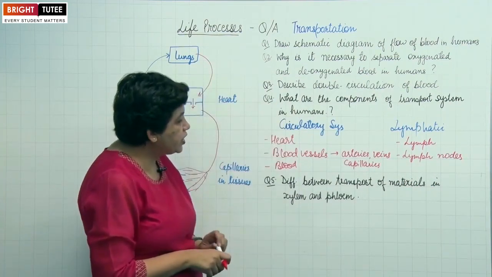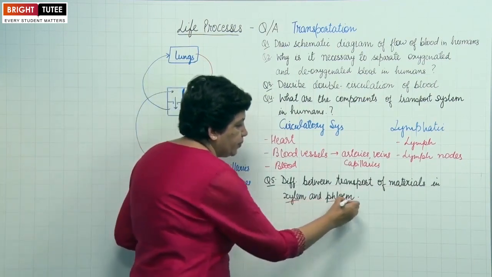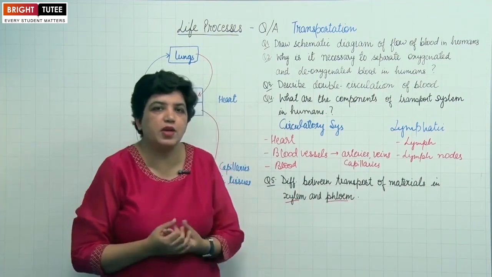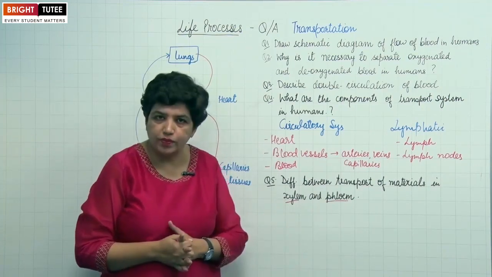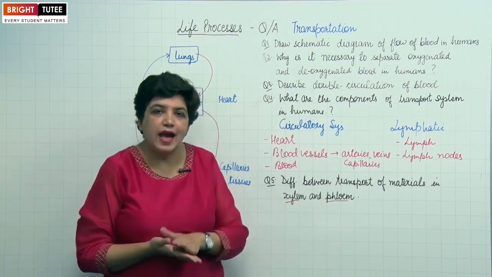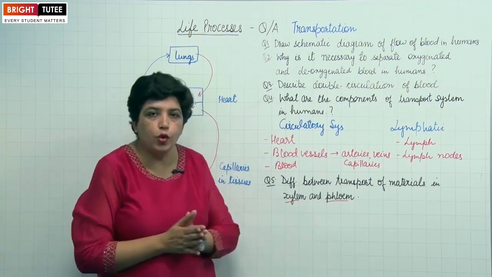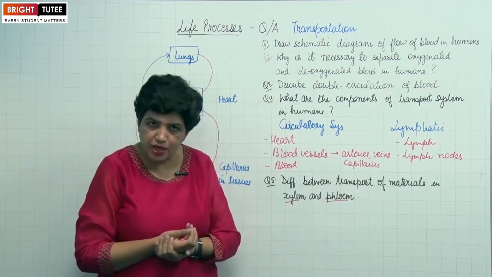Next question: differentiate between the transport of materials in xylem and phloem, right? The transport system in plants involves two vascular tissues, the xylem and the phloem. The first difference: xylem carries the water and the dissolved minerals, while the phloem conducts the food materials or the nutrients.